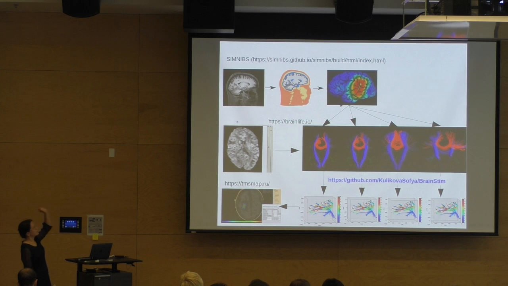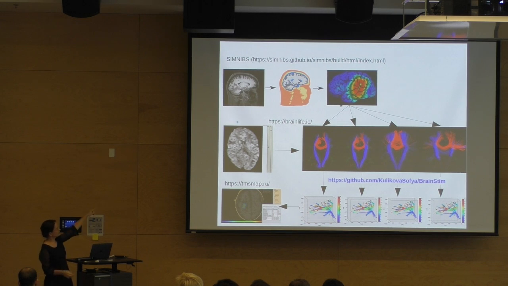So that's the general thing that I was doing during this week. There is a software called SimNIBS that allows you to simulate E-fields within your brain based on individual anatomy. And so far I was taking the result of that. You see those meshes with the colors showing the amplitude of the field.